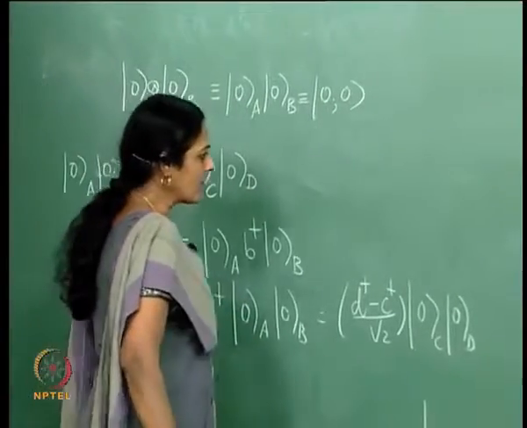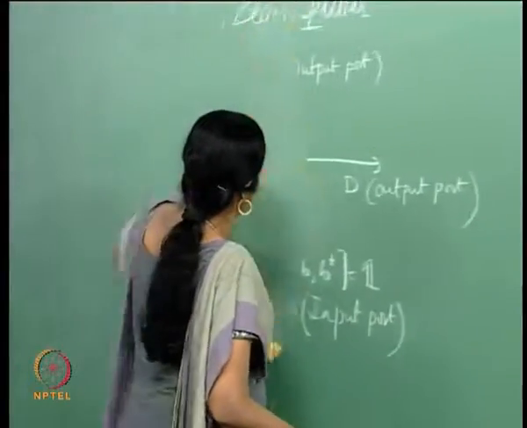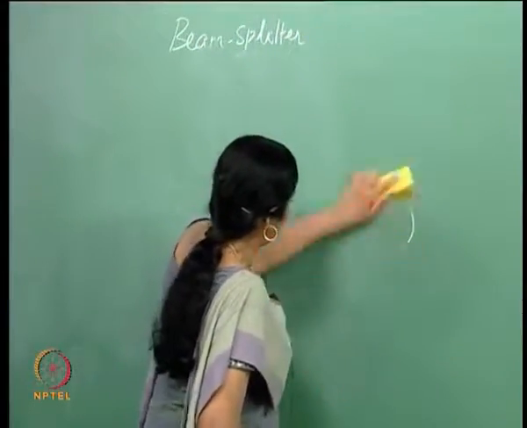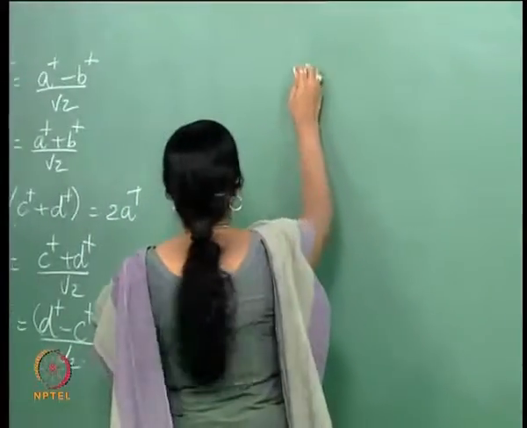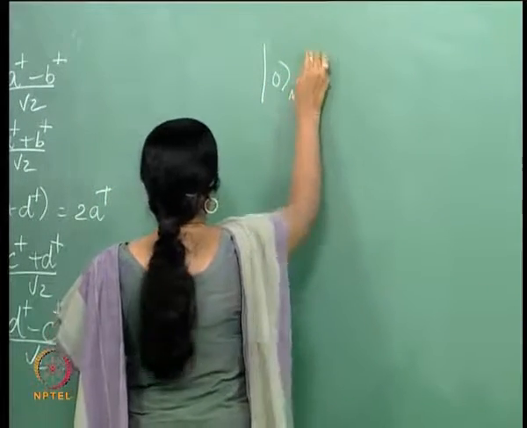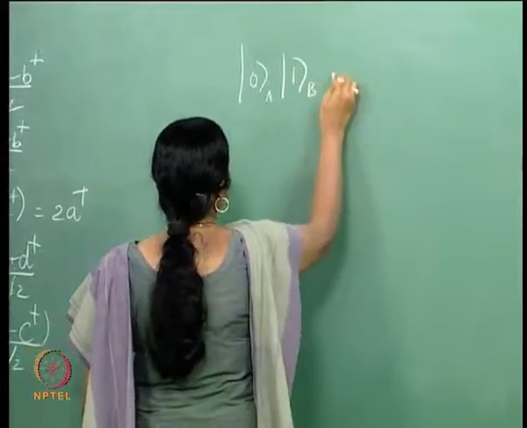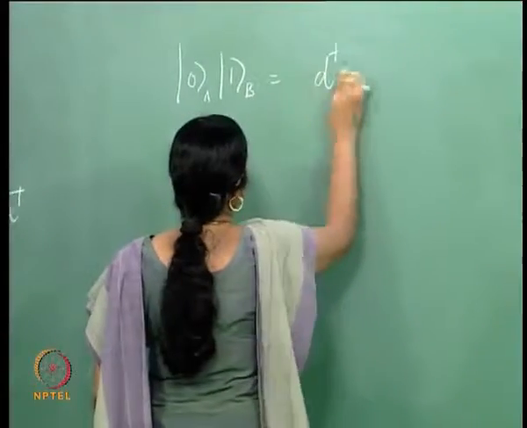But I know what this does. I merely have zero A 1B is the same as D dagger, that was my input state.